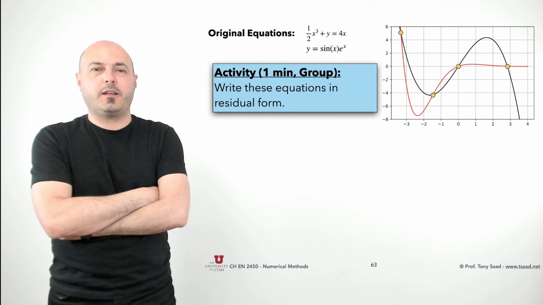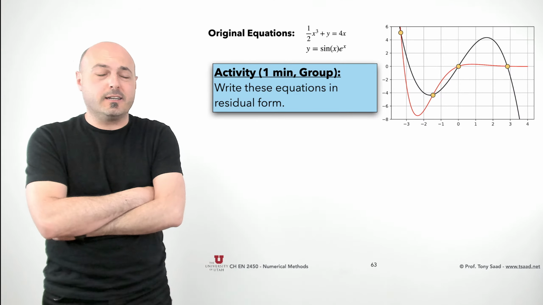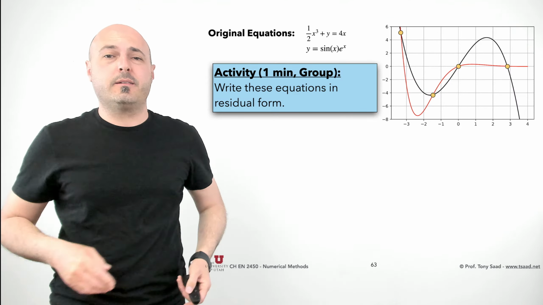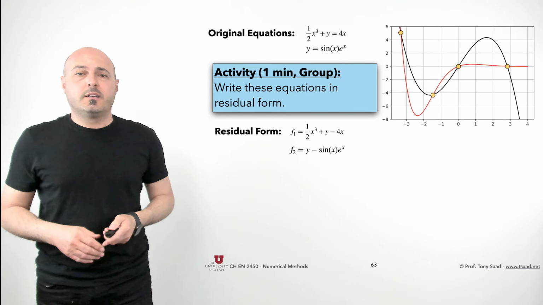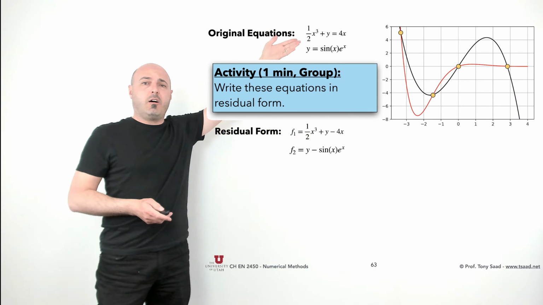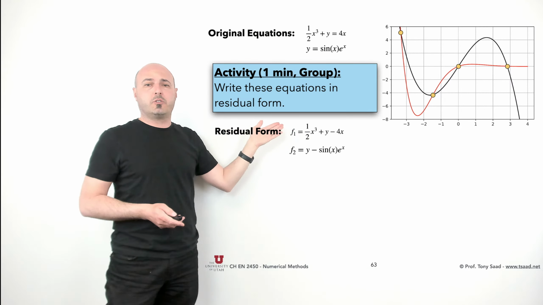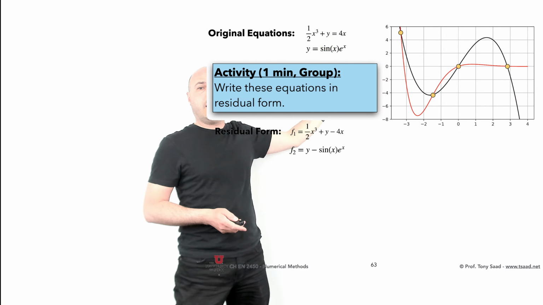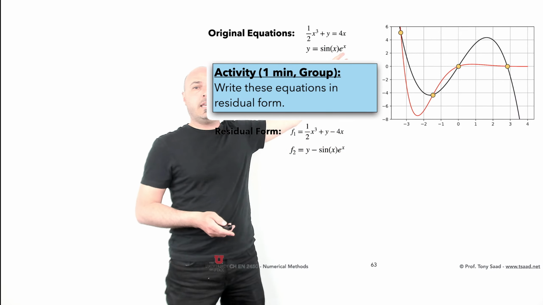Just move everything to the left-hand side, and that gives you the residual functions. I'm going to give you the answer here. The residual form is simply: take everything on the left-hand side and call that a new function. So for f1, we took 4x to the other side, and for f2, we took sine x e to the x to the other side.